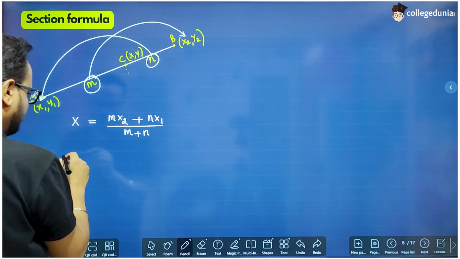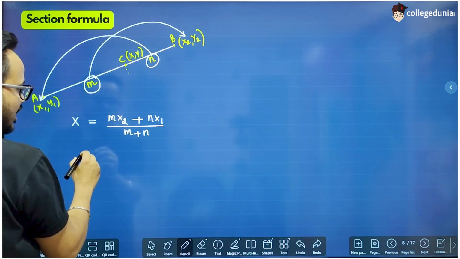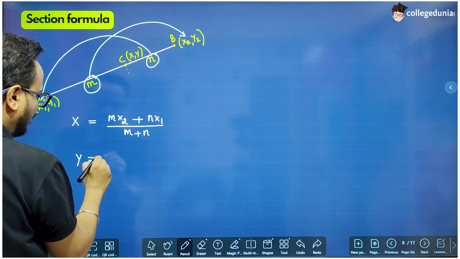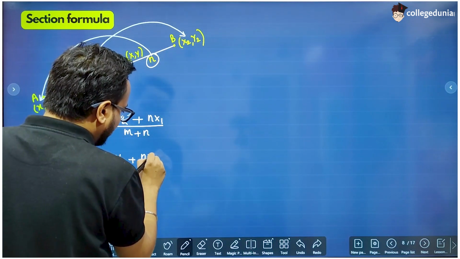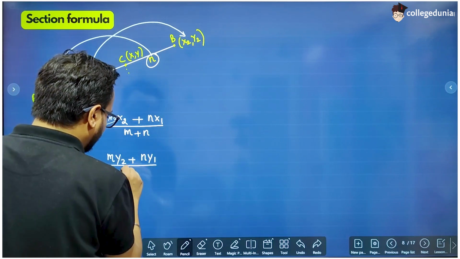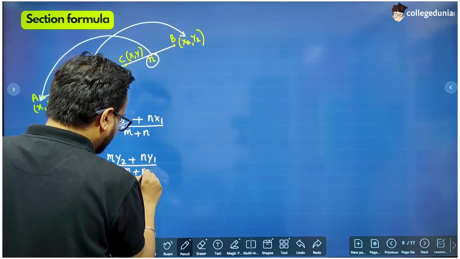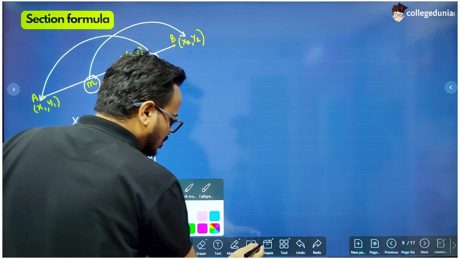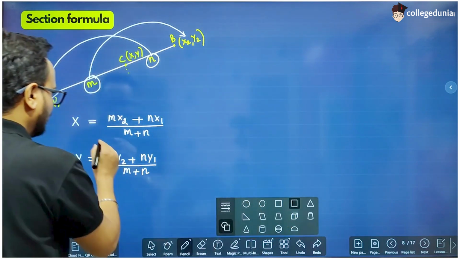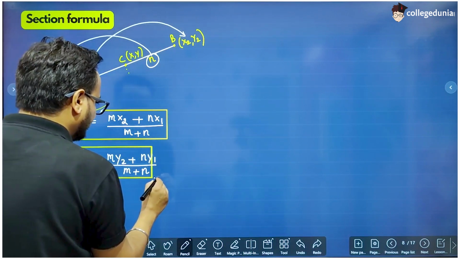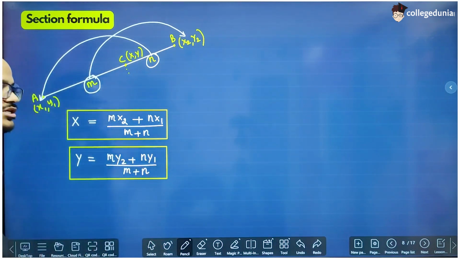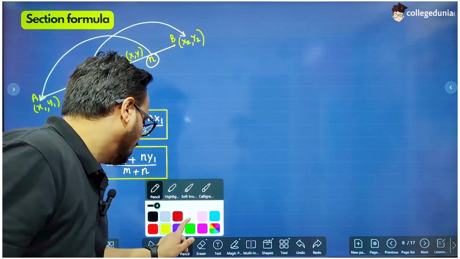And the y coordinate of this point is similarly my2 plus ny1 upon m plus n. So this formula is called the section formula.